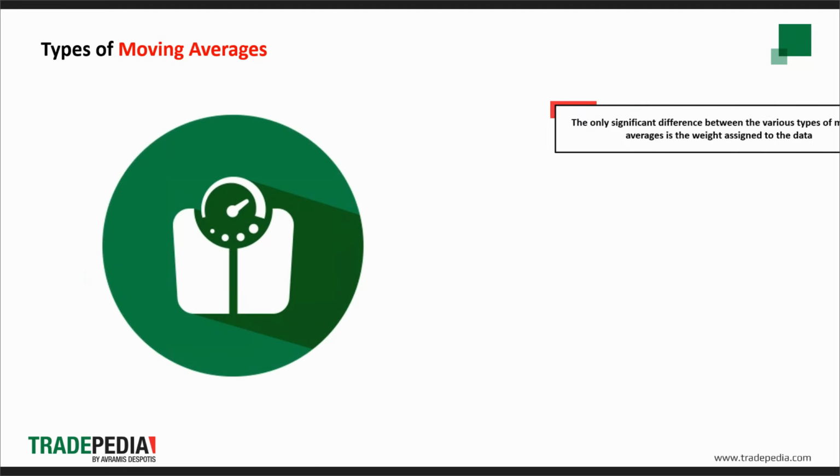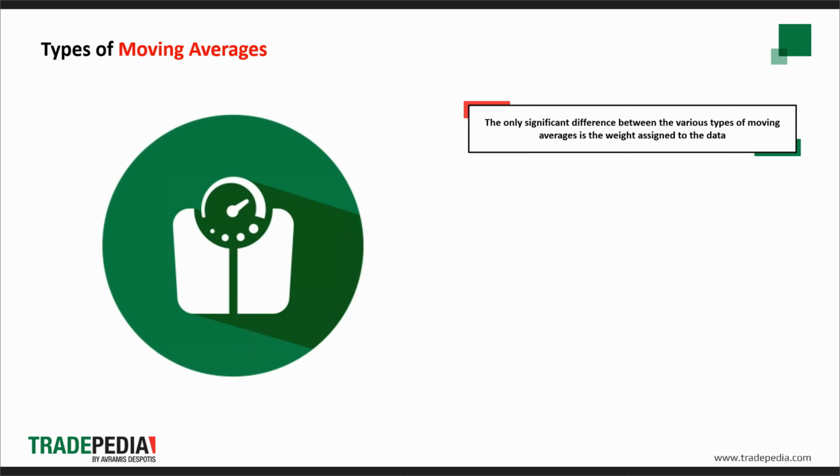And to counter that, there are actually many different types of moving averages that you can think of using. There are many other popular types of moving average. People don't just stick to the simple moving average. The only significant difference between the various types of moving averages is the weight assigned to the data.